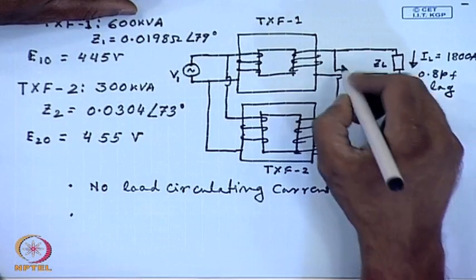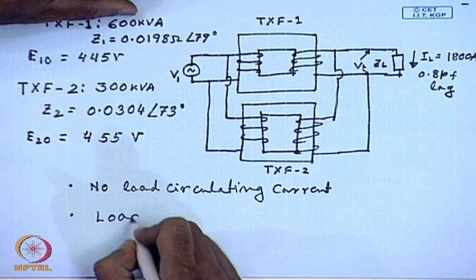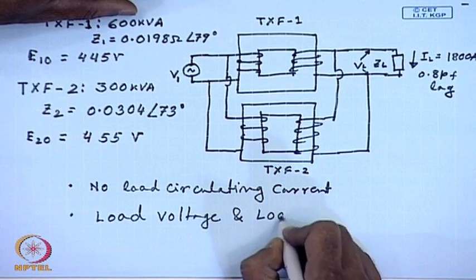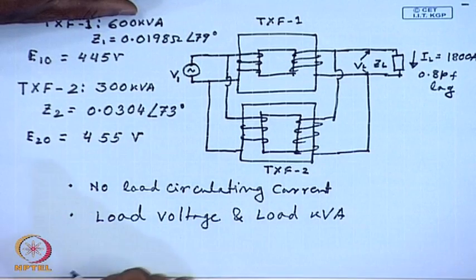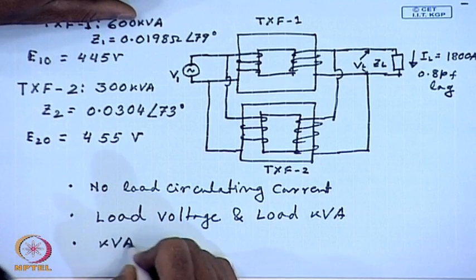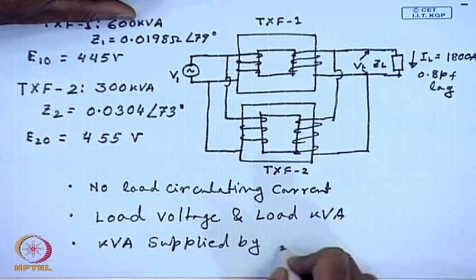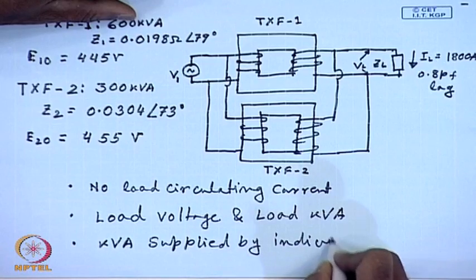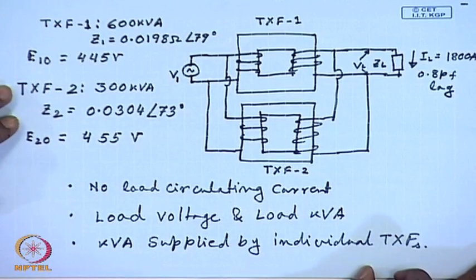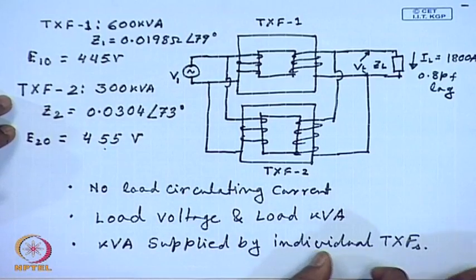Then the load voltage VL and load kVA, and the kVA supplied by individual transformers. So, that is the problem. Please note that here there is a small difference between the no load voltage of these two transformers.